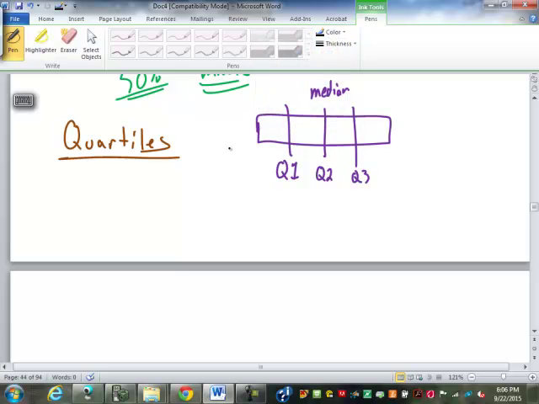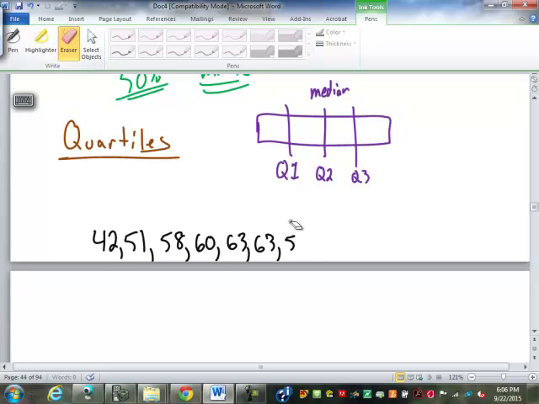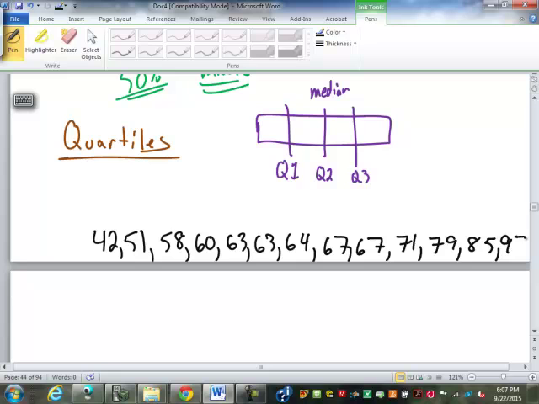So I'm going to write out another set of data here. So another set of data.